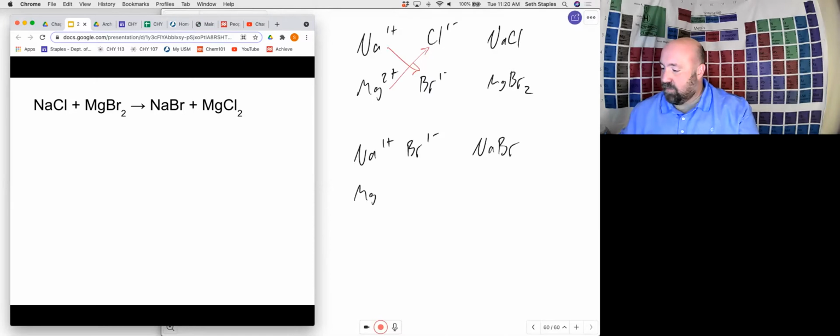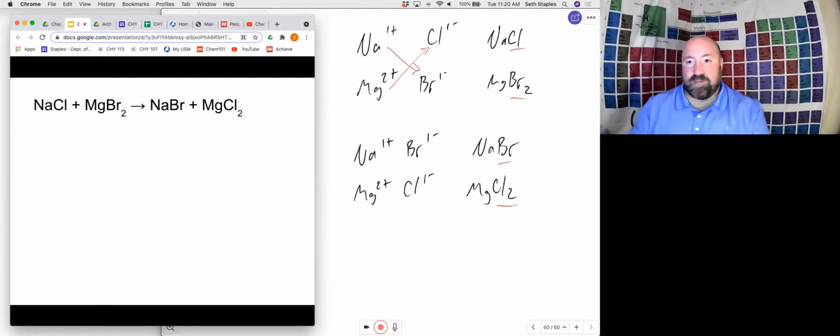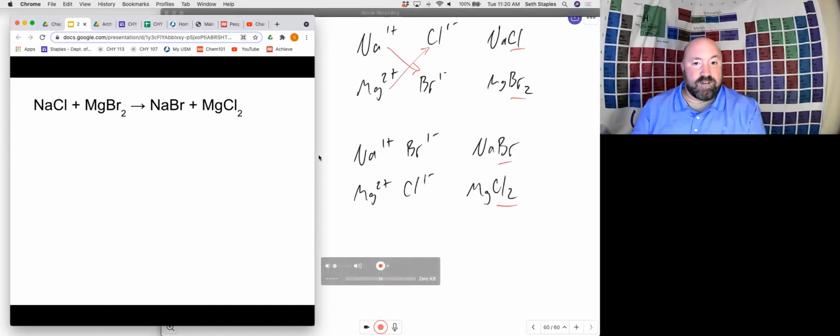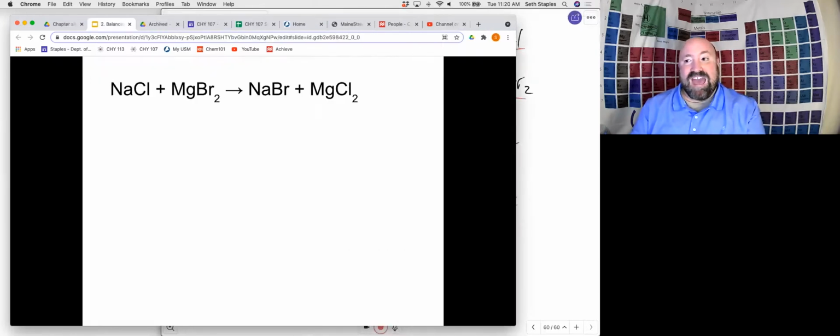I also have Mg2+ coming together with Cl1- for a chemical formula of MgCl2. And so we can see that our subscripts between our reactants and our products are different, which leads us to having to then balance the equation using stoichiometric coefficients in front to satisfy the law of conservation of matter.